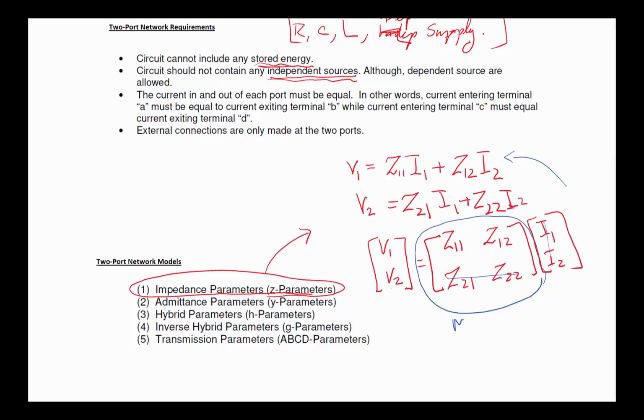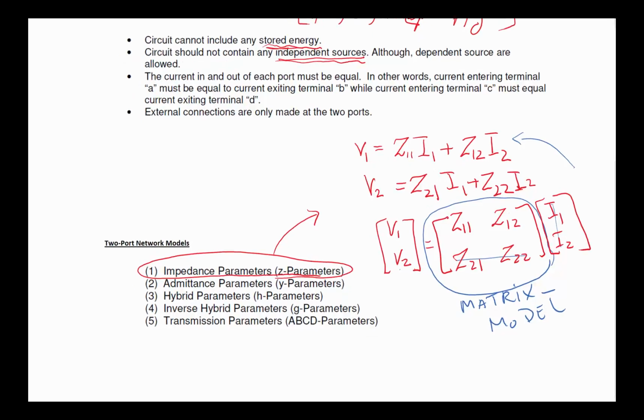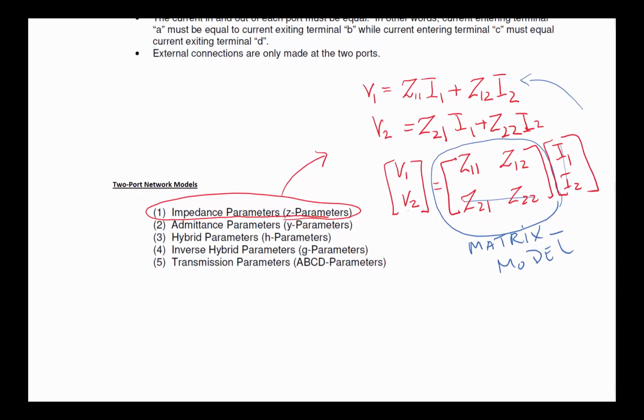So this matrix is really what the model is all about. By having this matrix, we are able to completely describe our circuit without having any of the schematics or the drawing that shows how the components are connected.